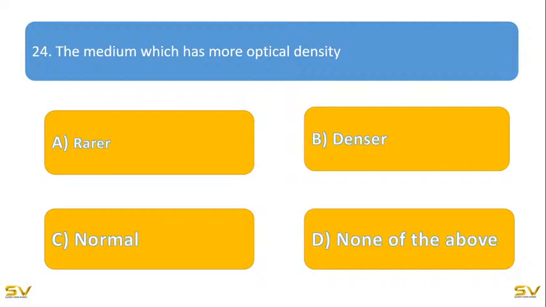Optically denser medium means the medium is optically more dense. We even discussed kerosene and water. Water is denser than kerosene, so kerosene has less density. Kerosene floats on water. Even ice, having low density, just floats on water. But the refractive index of ice is less than that of water.